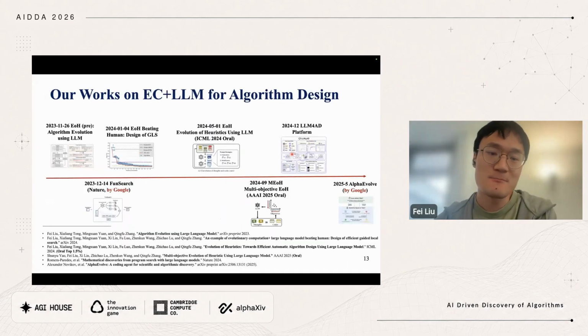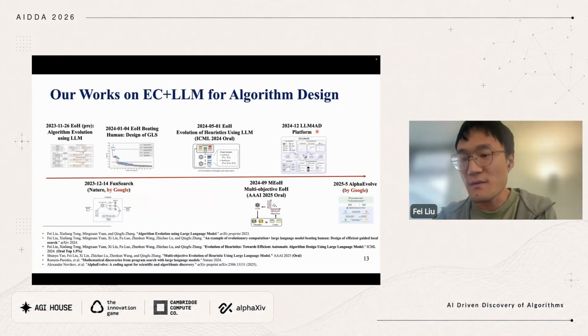Here are the timelines. We didn't list everything; we just have a brief comparison with Google. We started in 2023 and published our first work earlier than FunSearch. Then we had other progress and publications, and in 2024 we released the LLM4AD platform, which is open source.